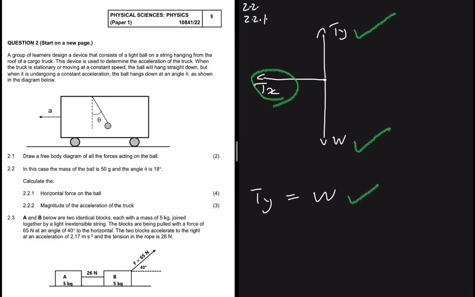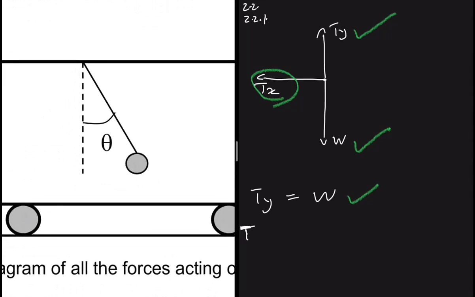So to find the y component of the tension, we're going to say tension times, this angle here is 18 degrees. If this angle is 18 degrees, this angle here should be 72 degrees, because this angle here is 90 degrees. So we're going to say tension times sine of 72 degrees is equal to the weight.